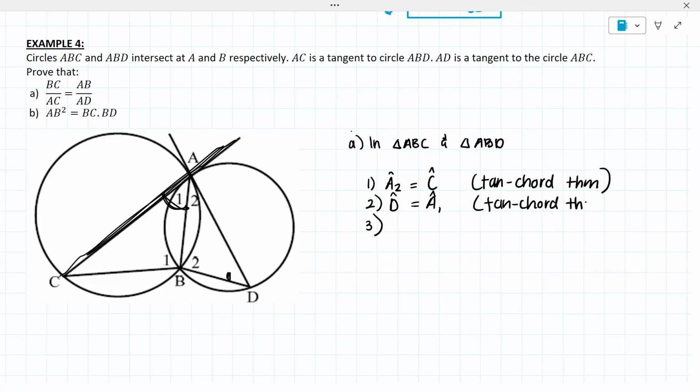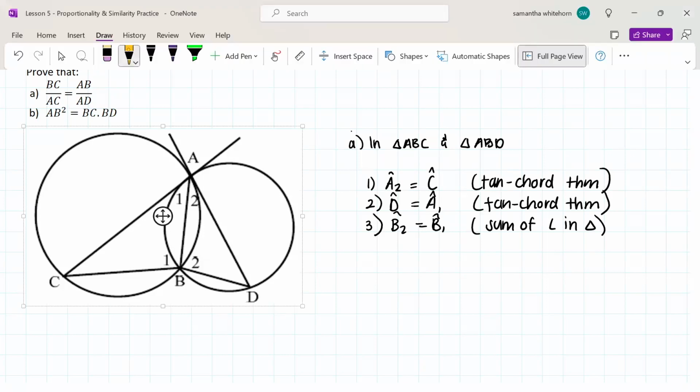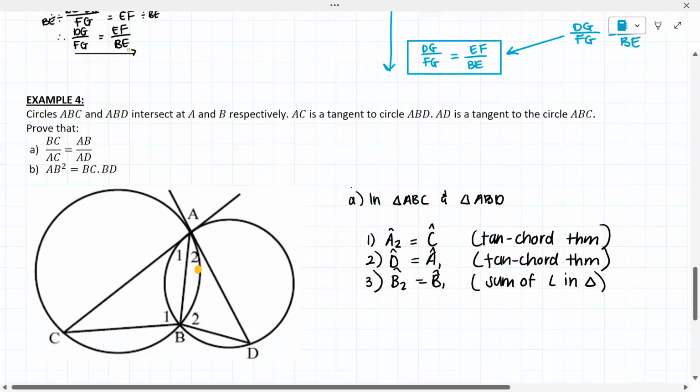And because I've got 2 of my 3 angles, I can now say that the third angles, B1 and B2, are equal to each other because of sum of angles in triangle. So if we just highlight for ourselves what we have going on here. We say that A2 is equal to angle C. Technology just hates me today.